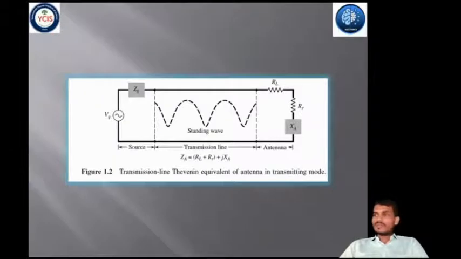However, in a practical system, there are conduction and dielectric losses due to the lossy nature of the transmission line and also the antenna, as well as those due to reflections, that is, mismatch losses at the interface between the line and the antenna.